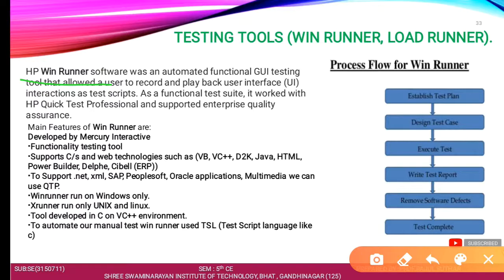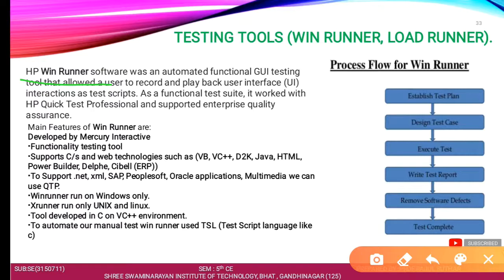The tool is developed in C on the Visual C++ environment. For automated or manual tests, WinRunner uses a test script language like the C language. Here is the process flow of WinRunner. This is not important for the exam, but you should know about the process flow. First, establish the test plan, what you have to test.